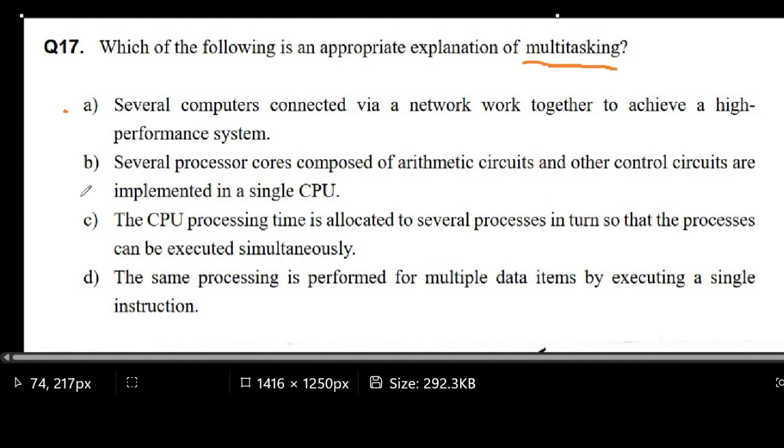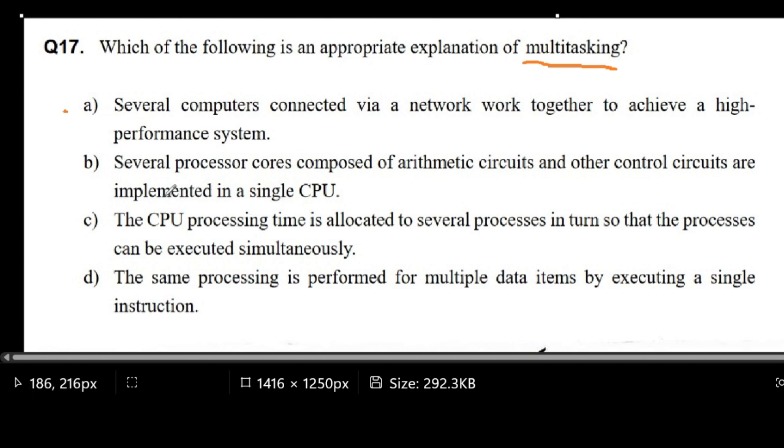It's saying that several processor cores composed of arithmetic circuits and other control circuits are implemented in a single CPU. This one, I think, has parts that are kind of okay, but I think this isn't really the correct answer.